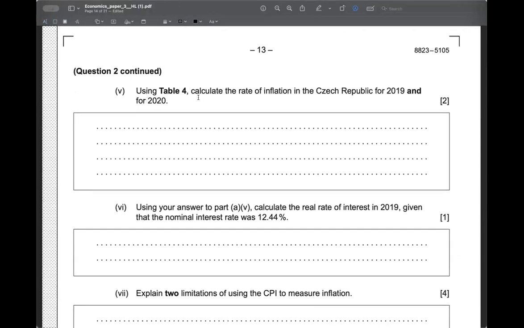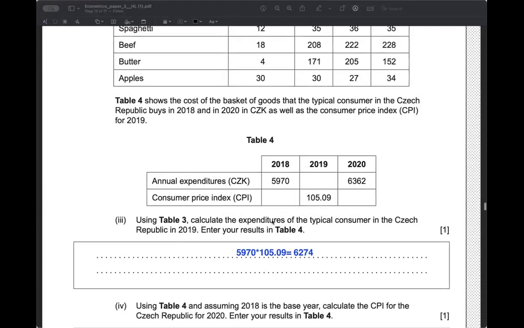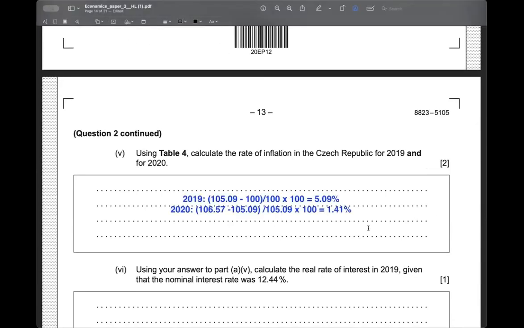Five, using table 4, calculate the rate of inflation in the Kazakh Republic for 2019 and 2020. We can use CPIs. That's how I got the values.